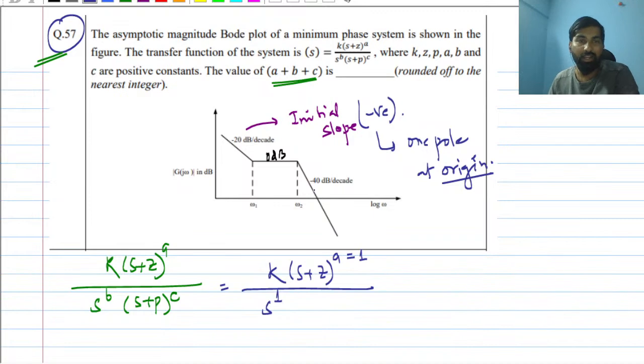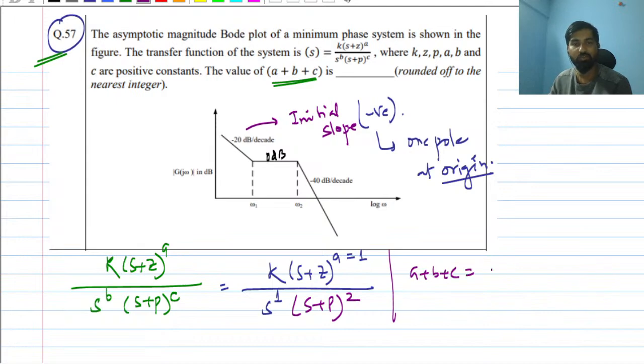Again, you see there is a change to minus 40 dB per decade. So you have to find the slope change. Here from 0 dB we are getting minus 40 dB per decade, so you can say there will be two poles, two finite poles. So in s plus p, the value of c should be 2. What they are asking is a plus b plus c.